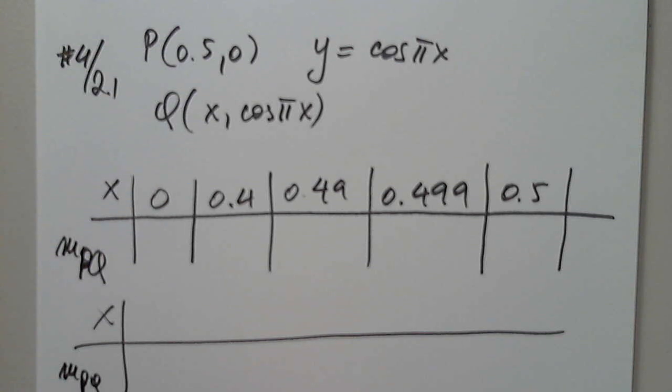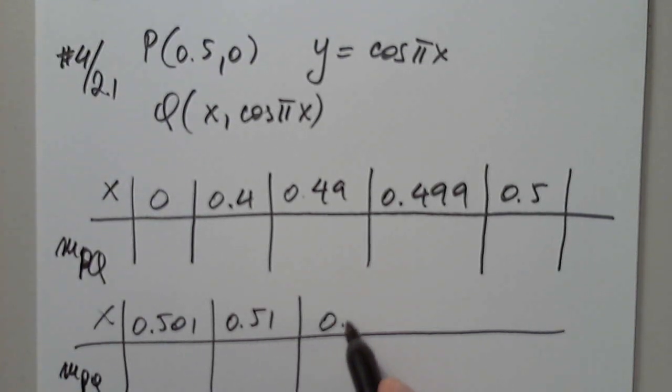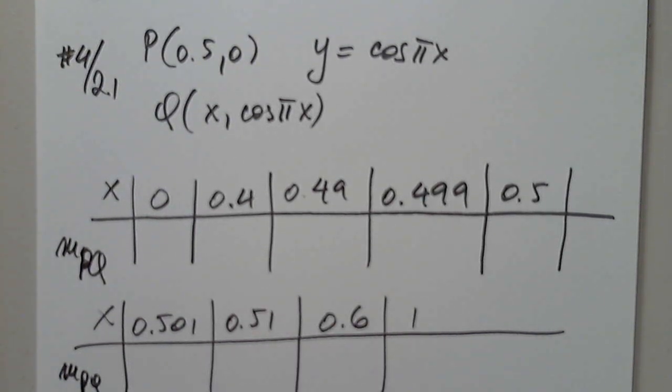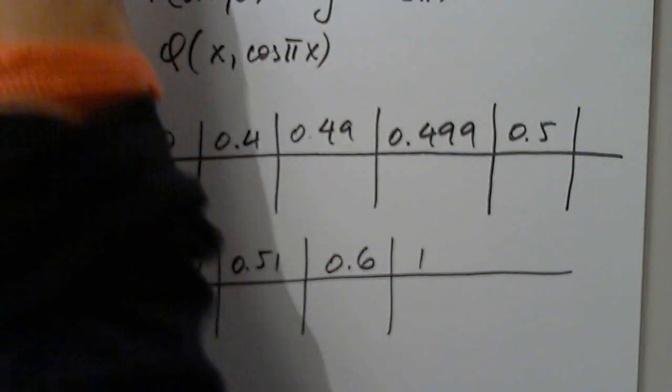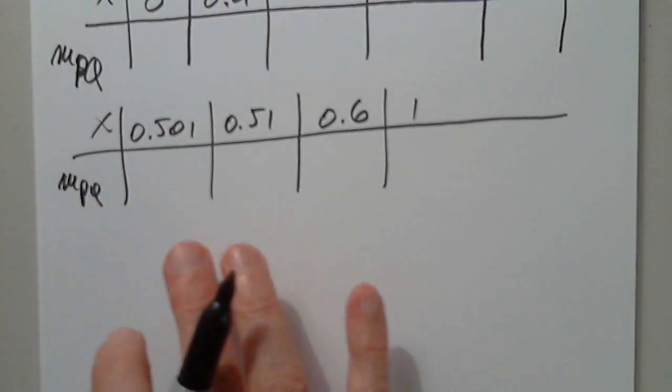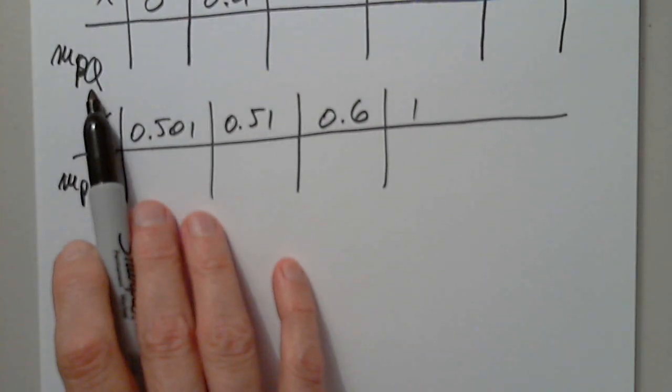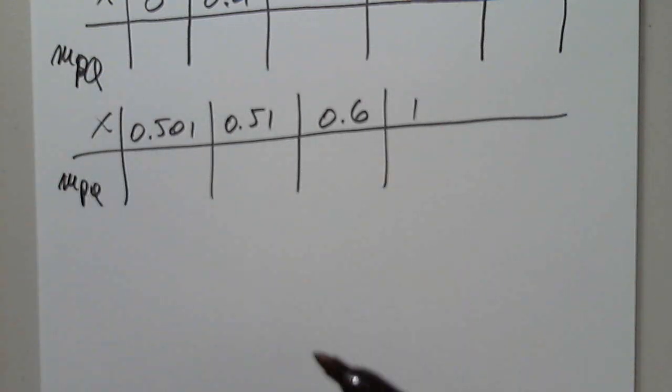And then I'll continue with MPQ. The next one is 0.501, 0.51, 0.6, and the last one is 1. Please don't write 3 pages on a problem like this.